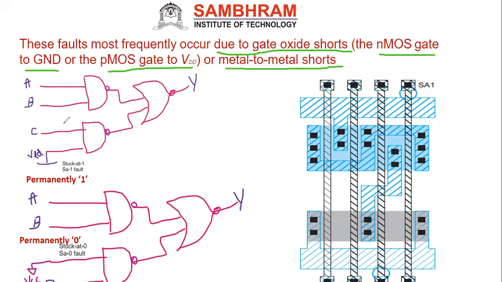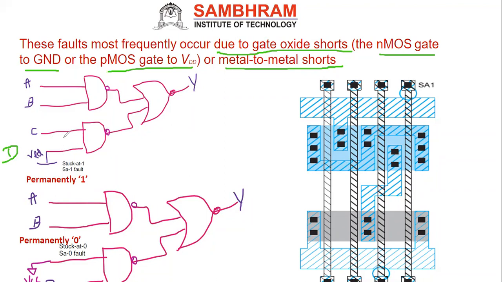Now you can see the example. For example, A, B, C is one circuit, and this is the input D. Now it is stuck at 1, which means it is permanently 1.